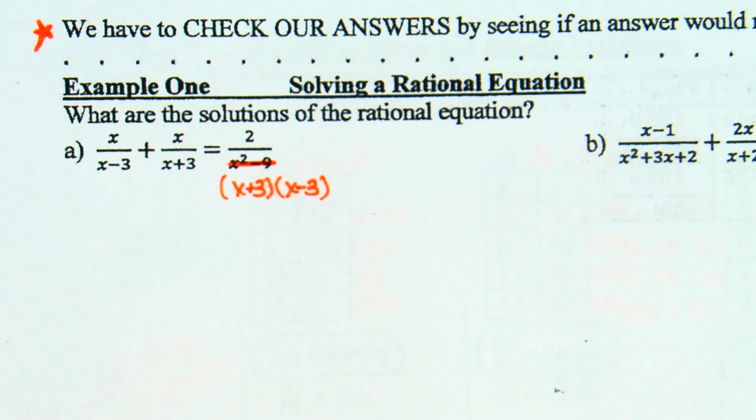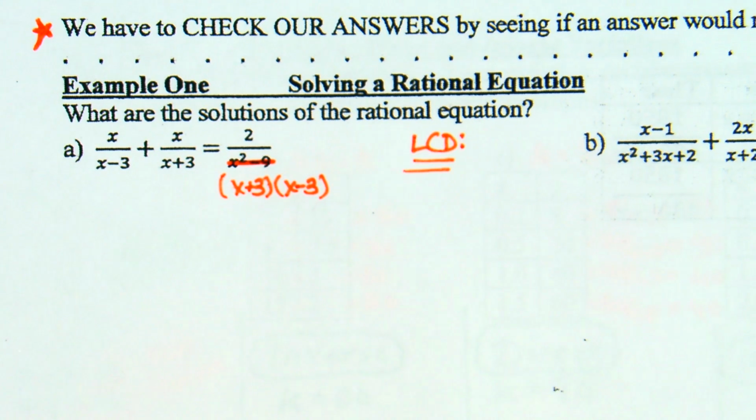So now, take a moment and examine your denominators. And ask yourself, if I was getting a common denominator, what would be the least common denominator? So what would it take to give every fraction the same denominator? And in this case, we're working with not 2 fractions, but 3 fractions, right?